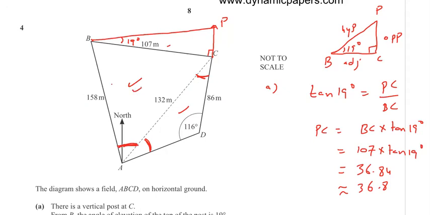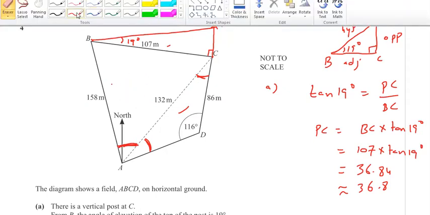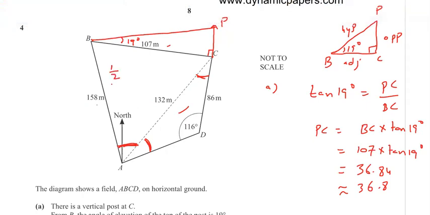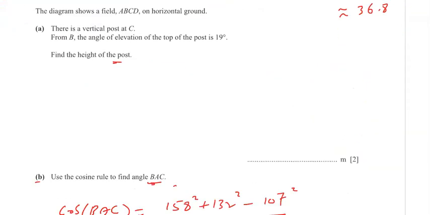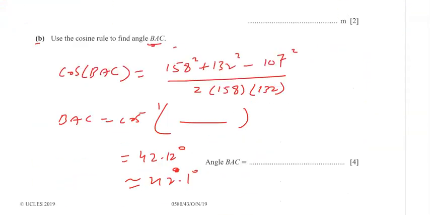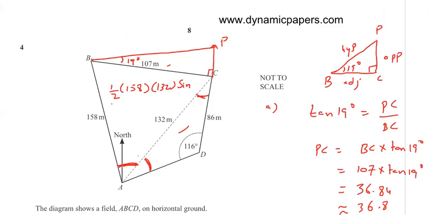Area of this triangle is 1 over 2 times 158 times 132 times sine of the angle between them, which we found already as 42.1 degrees.